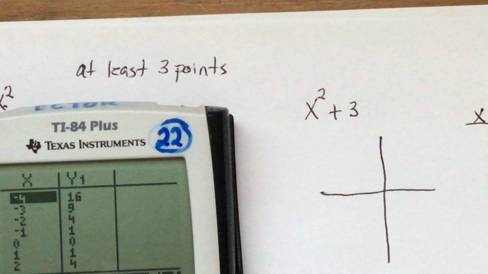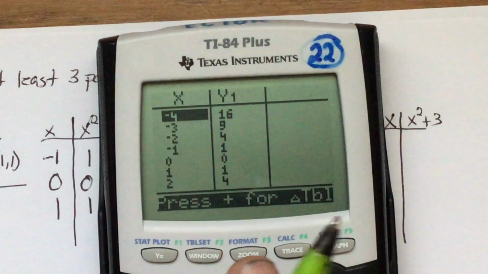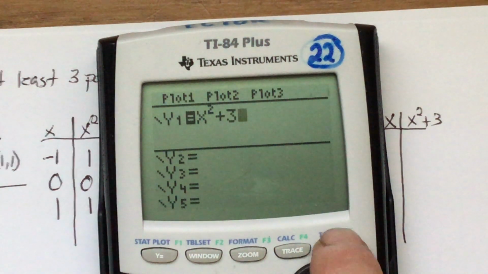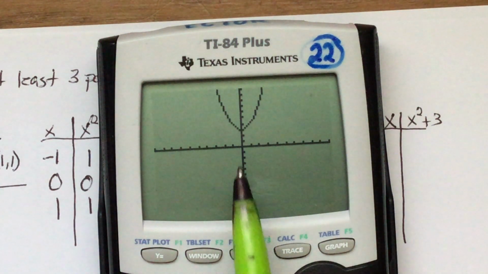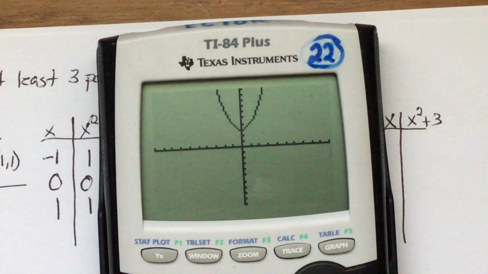All right, here we go on the second one for an exercise. X squared plus 3. We go back to y equals. Already got x squared. Now I do plus 3, graph. And it looks like, you know what? It looks like it's in the center again. So my center point, x is going to equal 0.